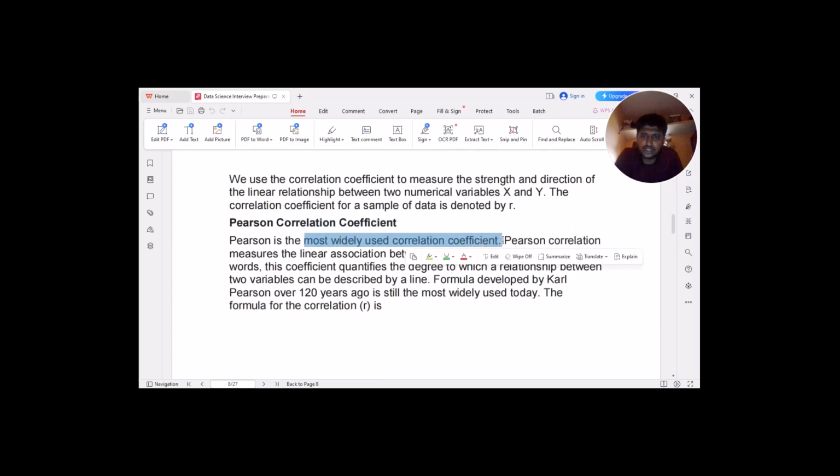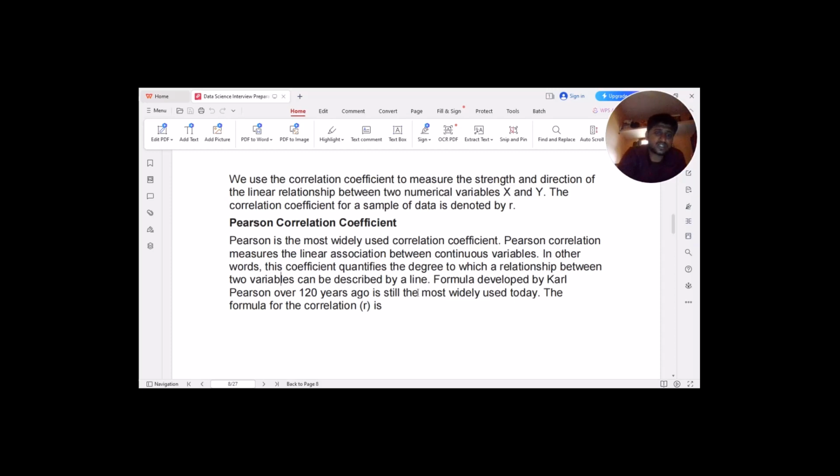Pearson correlation measures the linear association between continuous variables. In other words, this coefficient quantifies the degree to which the relationship between the two variables can be described by a line. Its formula was developed by Karl Pearson over 120 years ago and is still widely used today.